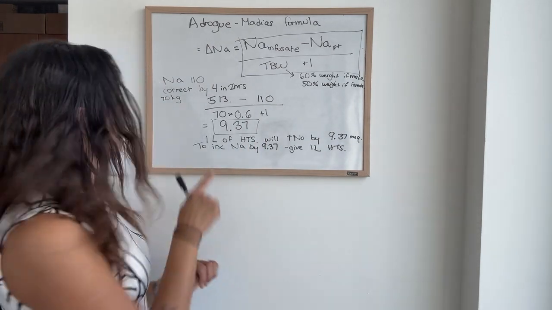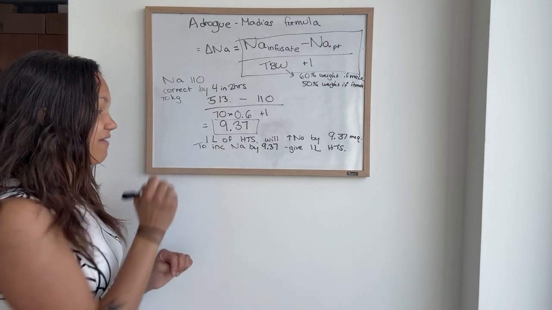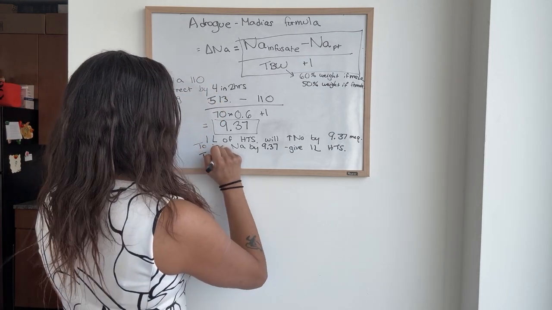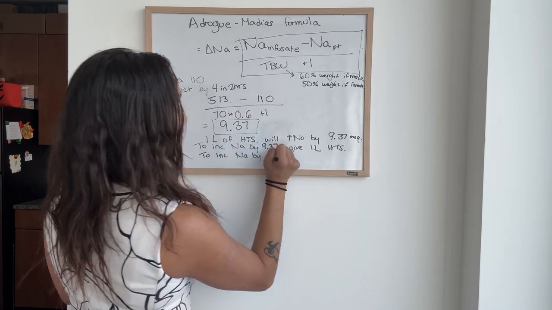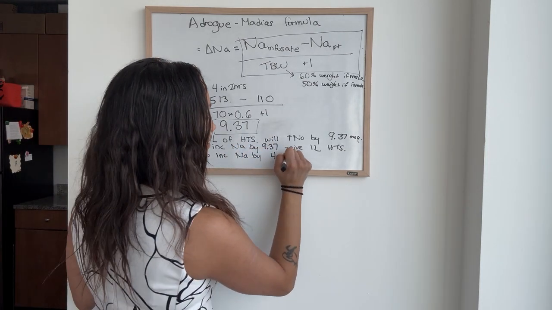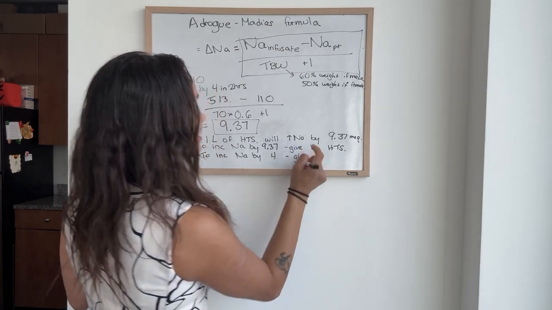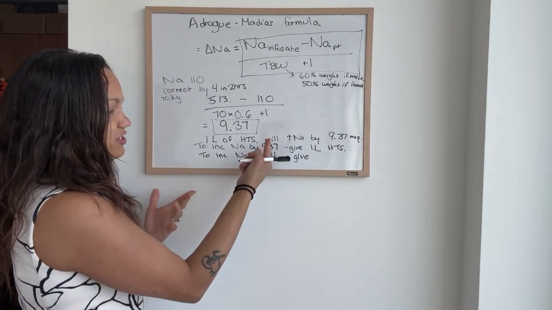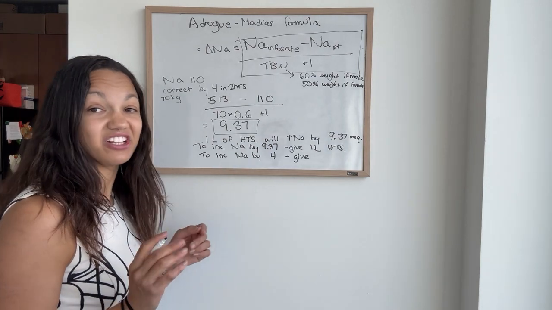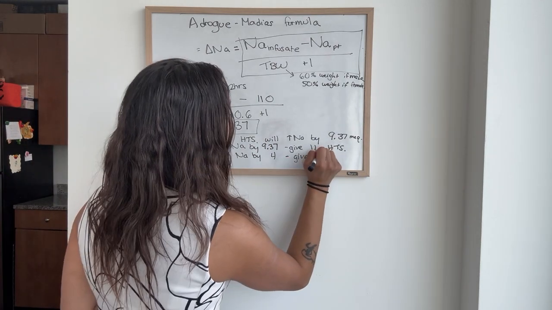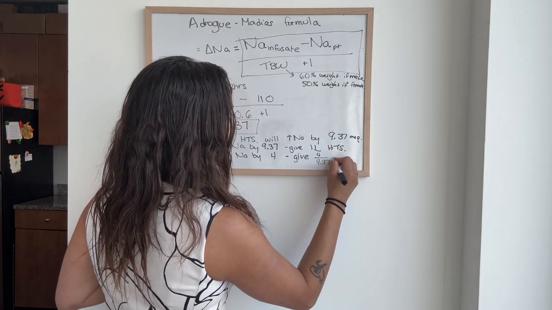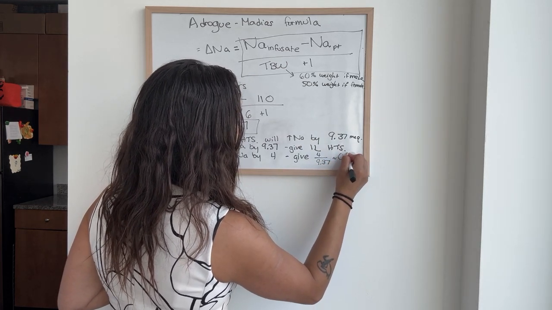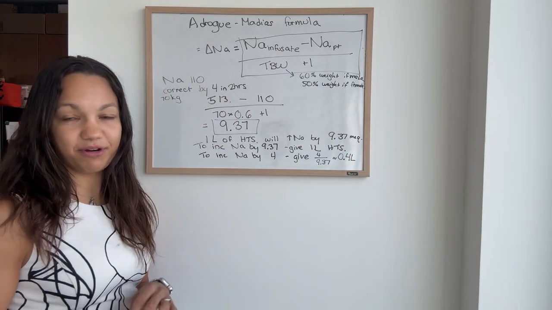What did I say I wanted to increase it by? By 4. So to increase the sodium by only 4, not 9.37, I'd have to give about half, because 4 is about half of 9.37. So exactly how much would I have to give? 4 divided by 9.37, that's about 0.4 liters of hypertonic saline.